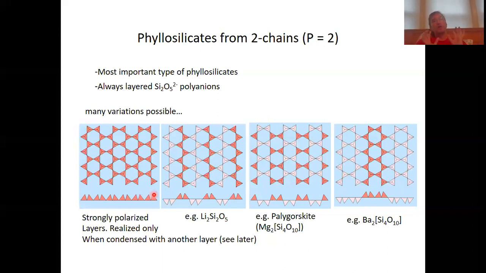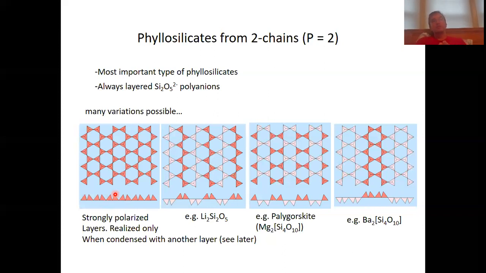Okay, so now look at the charges that there are at these tetrahedra, and you see that all the tips of these tetrahedra must contain terminal oxygens, because obviously these oxygens are not connected to another silicon.